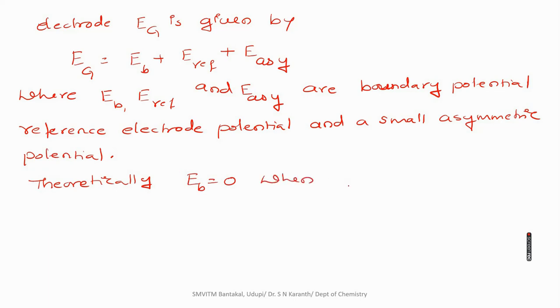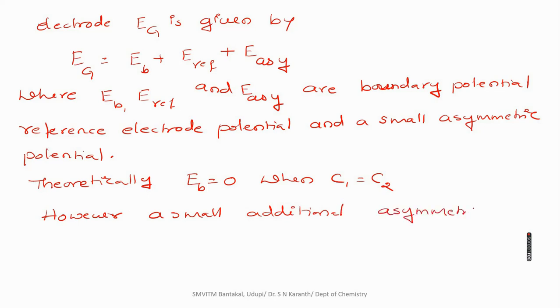You know the equations. So EB equal to E1 minus E2, or we can represent 2.303 RT by NF log C1 by C2. If C1 by C2 is equal, then EB should be 0. But however, when C1 equal to C2, a small additional asymmetric potential contribution exists.